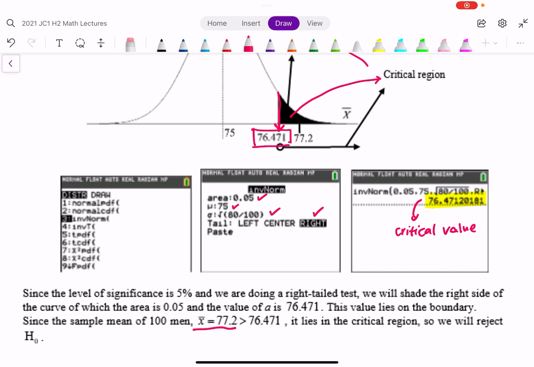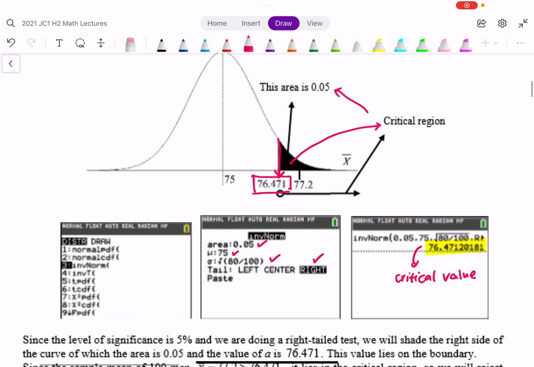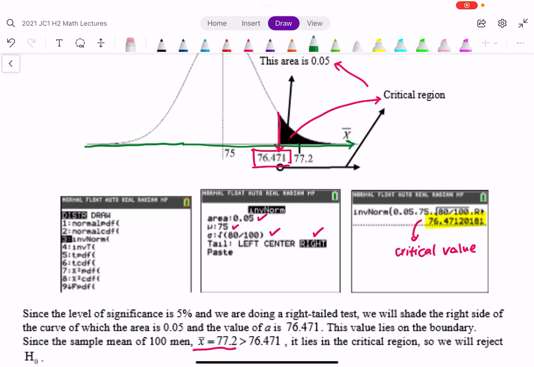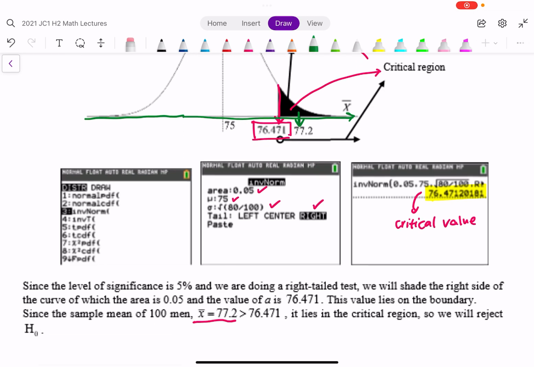You can see it on the number line that you have here for X bar. You can see that 77.2 is to the right of 76.471, so it's bigger, and in fact it is lying in the critical region. Therefore, our conclusion will be to reject H0.